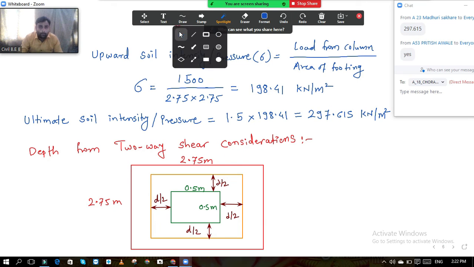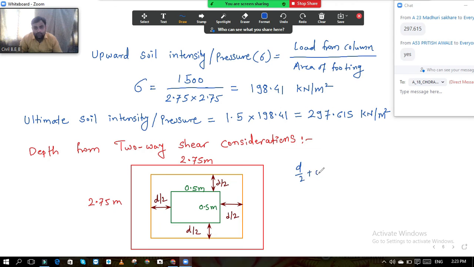Now, how much is the length of this? This is 0.5. On this side it is d by 2, and on the left hand side also it is d by 2. So d by 2 plus 0.5 plus d by 2 will be equal to 0.5 plus d, where d is the effective depth of the foundation or footing.